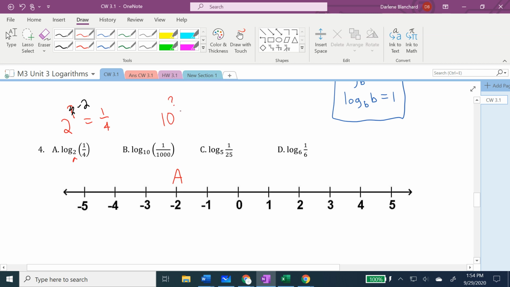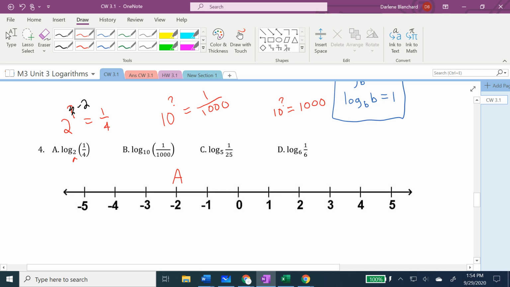For B, 10 to what power gives you 1/1000? And you want to see, maybe first you see that you need to put it to a negative exponent, but then ask yourself, if I didn't have to do the negative exponent, what power do I need to put on 10 to get 1000?